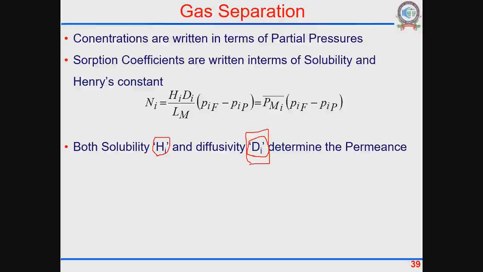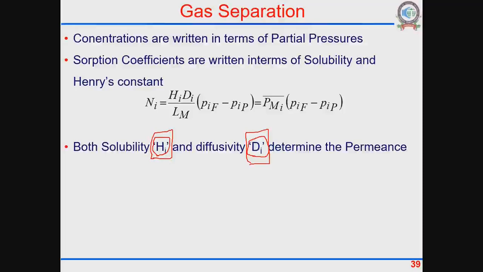Now the flux or the selectivity of the membrane is going to be decided not just by diffusivity, but also by how much hydrogen is soluble in the membrane as compared to how much methane is soluble in the membrane, or how much hydrogen is soluble compared to ethane solubility in the membrane.